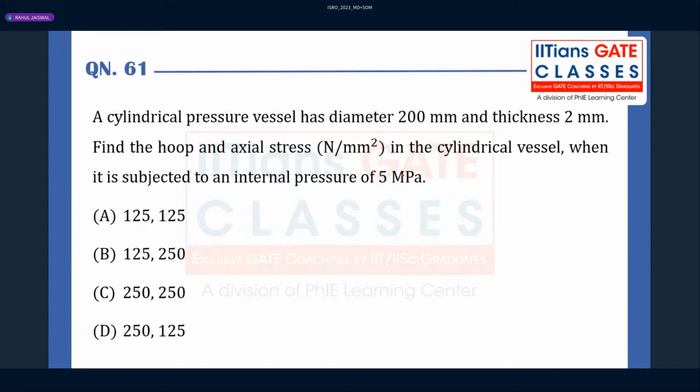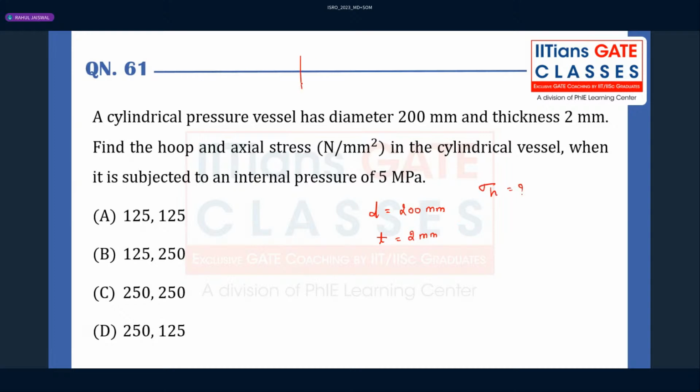Now, try to solve question number 61. A cylindrical pressure vessel has a diameter of 200 mm. The diameter they have given is 200 mm. Thickness they have given is 2 mm. They are asking what is the hoop stress.